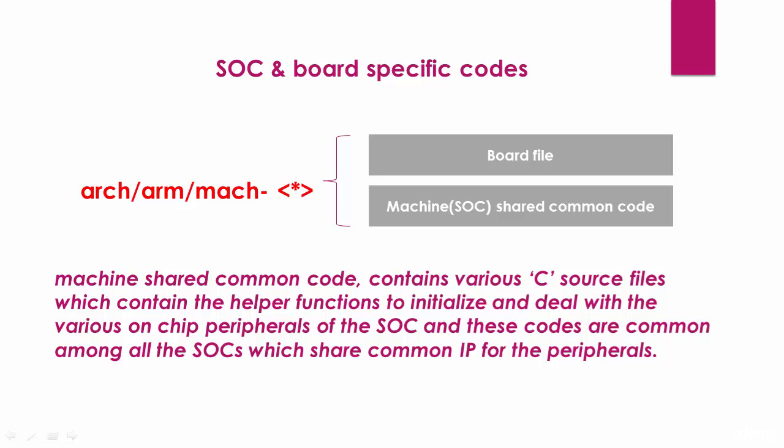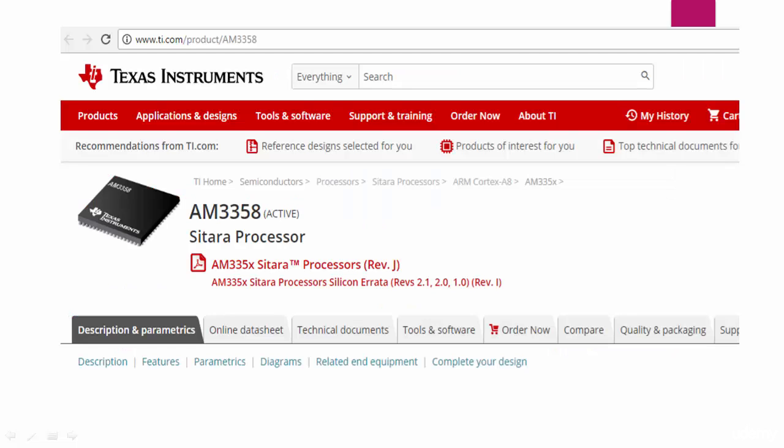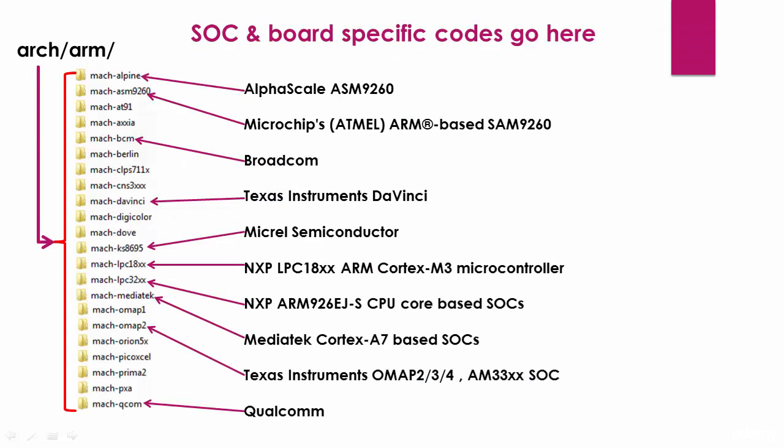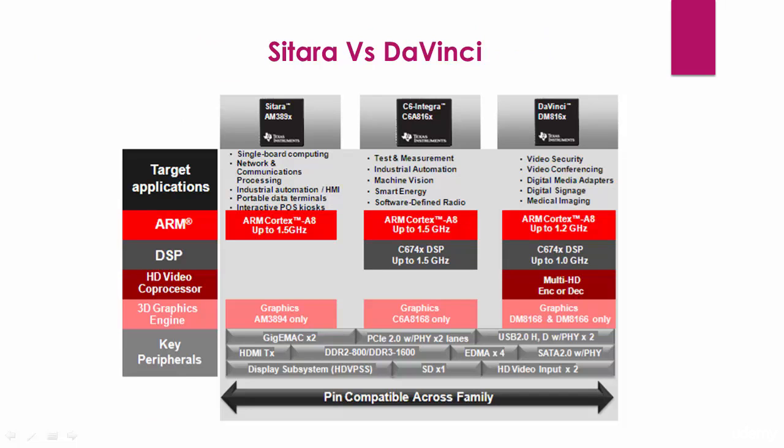Okay, for example, the AM335X SoC actually belongs to the Sitara family of SoCs by Texas Instruments. But still there is no directory called machine Sitara in Linux, but there is a directory called machine DaVinci. So you can see here, that's because the DaVinci SoCs are for a different market purpose. These SoCs are actually targeted for video applications.